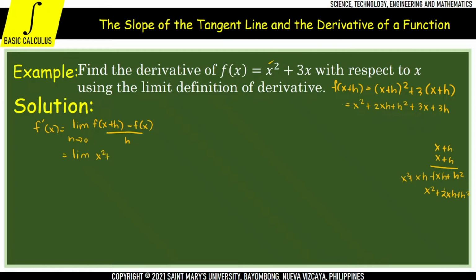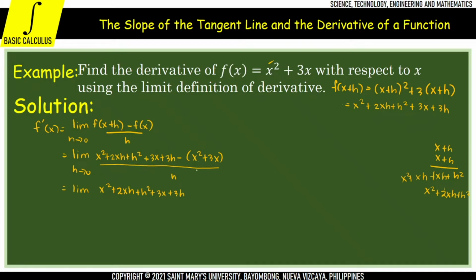Meaning, by direct substitution, that will be equal to the limit of x squared plus 2xh plus h squared plus 3x plus 3h minus the function which is x squared plus 3x, all over h as h approaches 0. Meaning, we can now simplify the numerator. That's equal to the limit of x squared plus 2xh plus h squared plus 3x plus 3h.